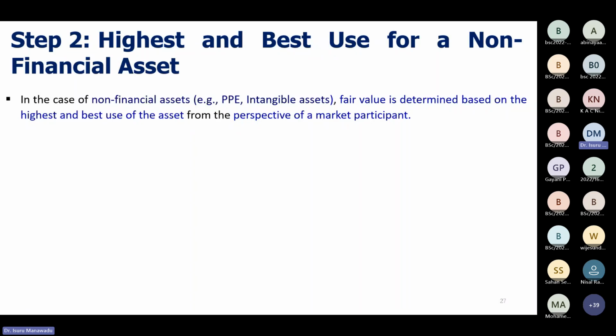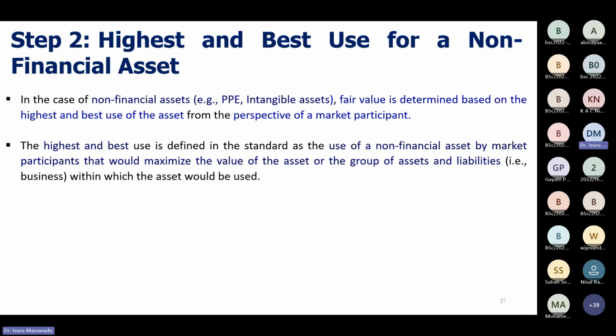If we use fair value, then we need to identify the highest and best use of the asset from the market participants' perspective. What is the highest and best use of the asset?